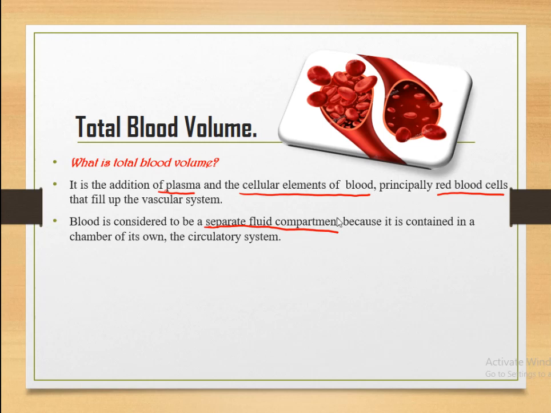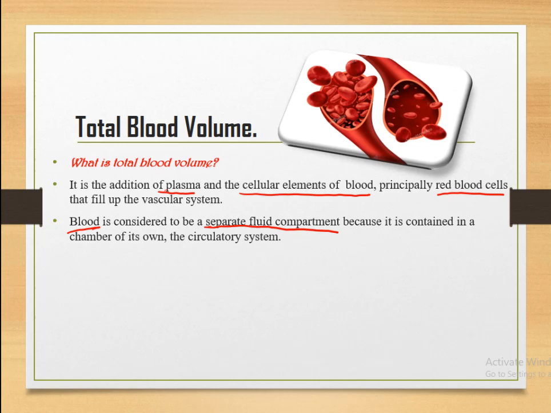So this blood we are talking about is separate and independent from other fluids. Remember that the body consists of different fluids and blood is just considered to be its own.